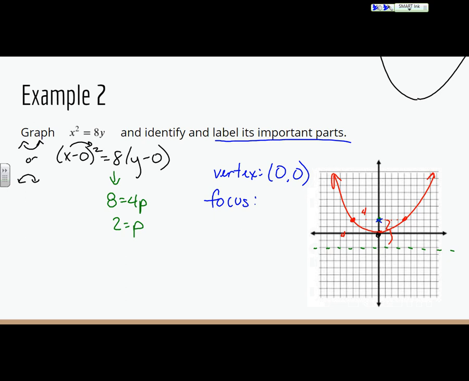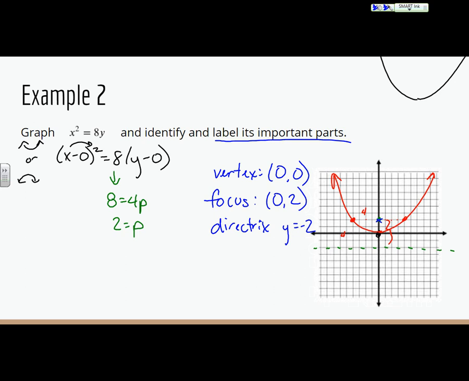The focus is this point right here. It's 0, 2. And then finally, the directrix. Directrix is not a point, like I was about to do. It is a line. It was a horizontal line at -2. So I should get y equals -2 for the directrix.